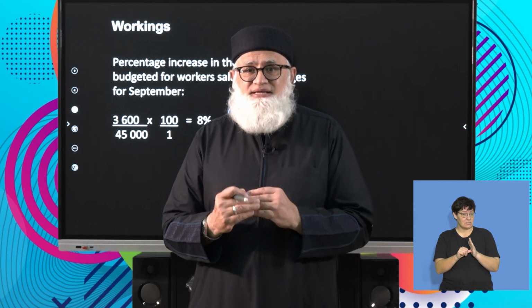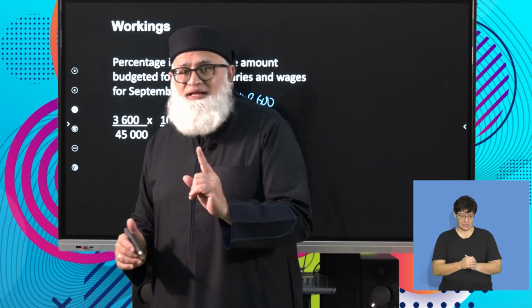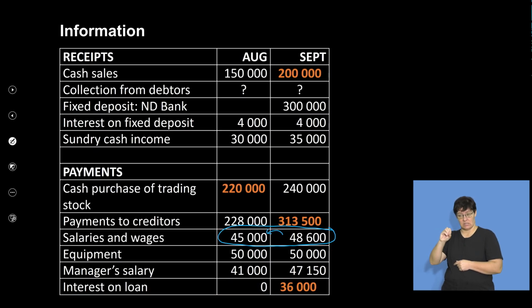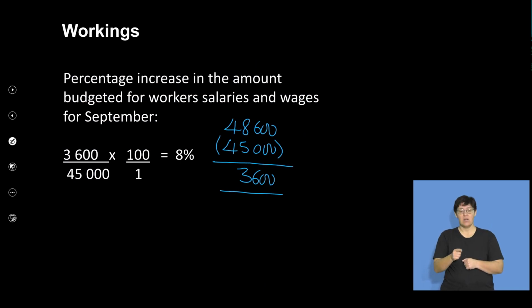It is important that you learn the method. So, what have I done? I took my 48,600, which was the month of September, and I subtracted the August figure. There's my calculation to give me my 3,600, the difference between the 2 months.